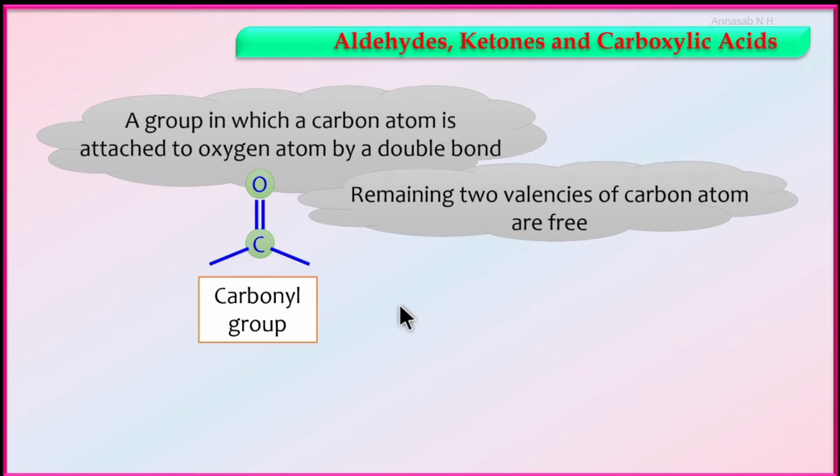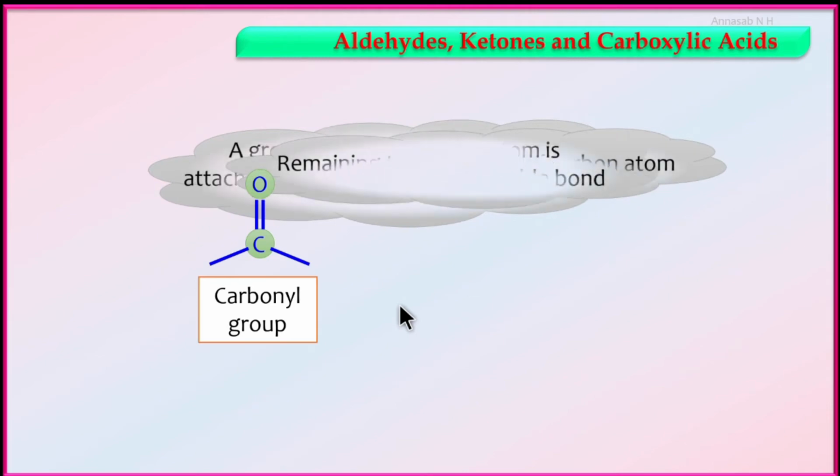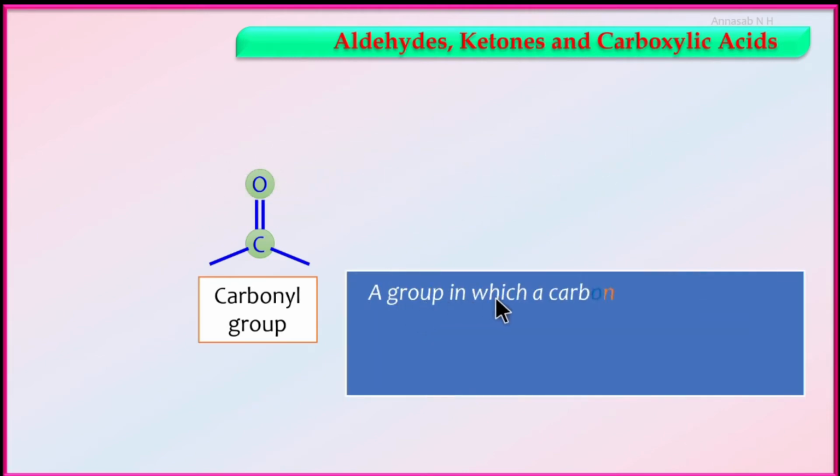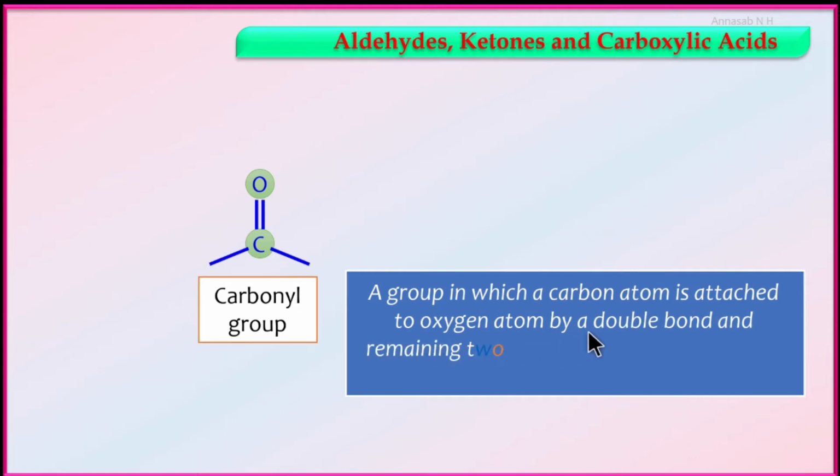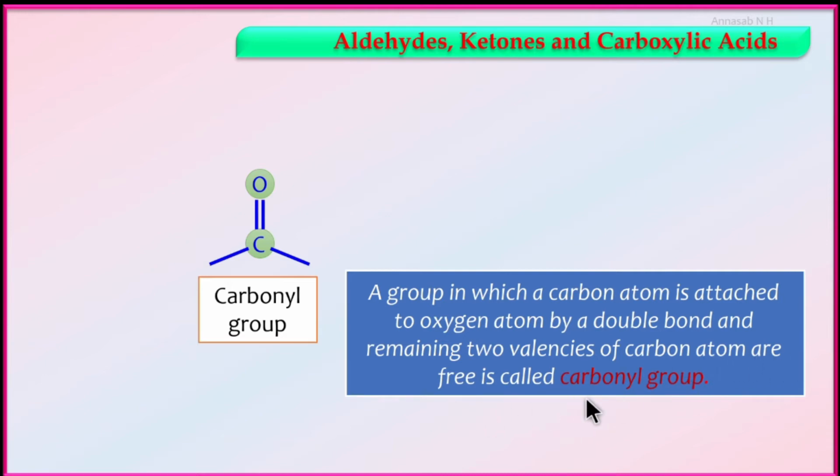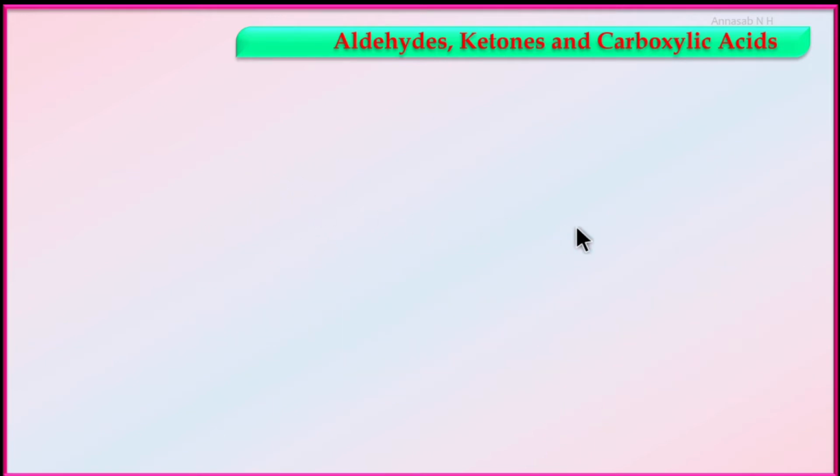So the definition for carbonyl group is: a group in which a carbon atom is attached to an oxygen atom by a double bond and the remaining 2 valencies of the carbon atom are free, is known as carbonyl group. So this carbonyl group is the base for a few more compounds.